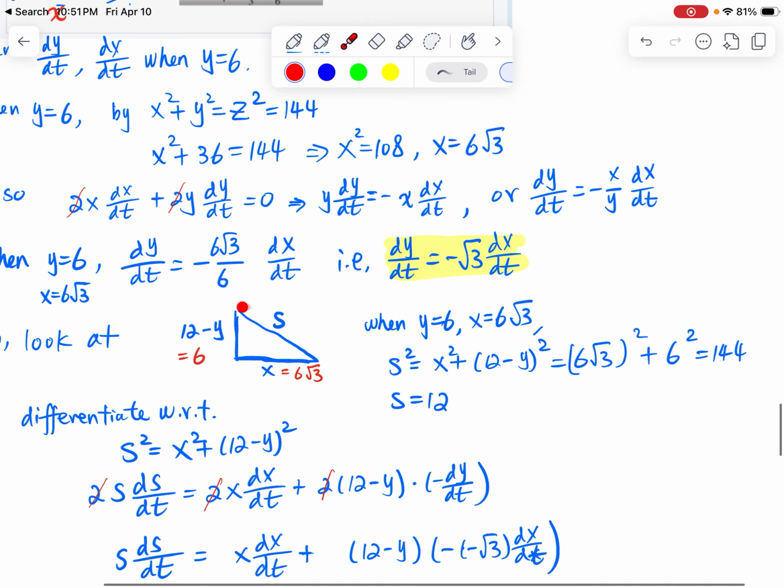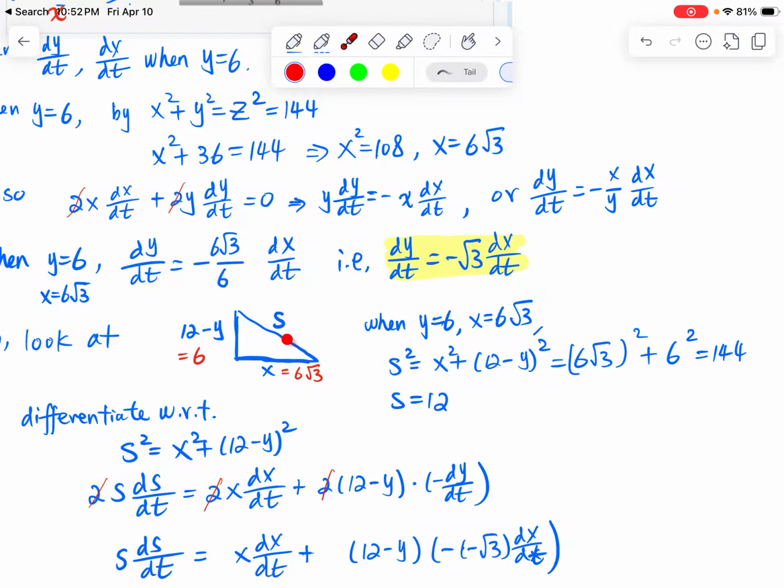So using this triangle, we can now find exactly the length of s, the distance s, when y is 6 and x is 6 times root 3. So this is the relationship we use. This is another Pythagorean theorem.